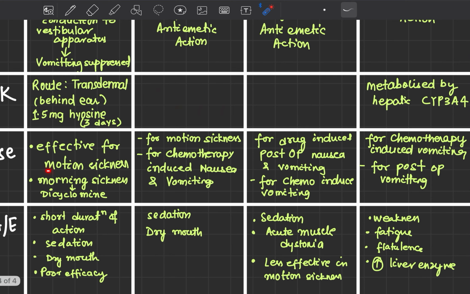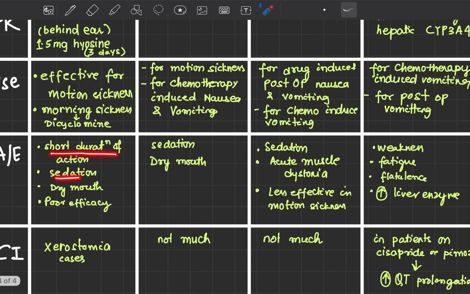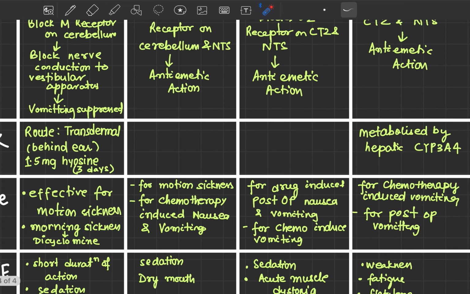It's used for motion sickness and morning sickness. In India, we give dicyclomine. Adverse effects, in short, are sedation, dry mouth, and other anticholinergic side effects. It is contraindicated in xerostomia, in patients who already have dry mouth.